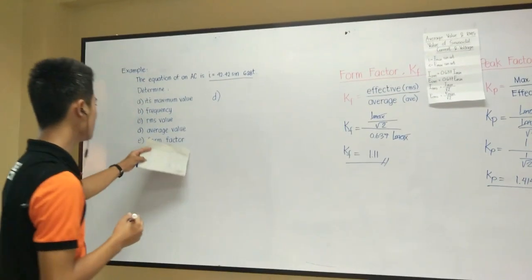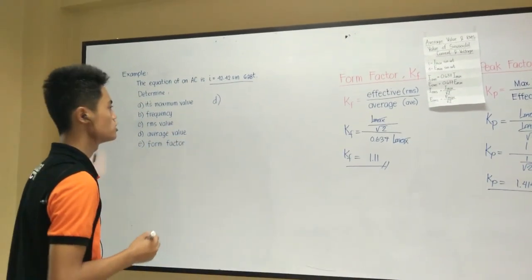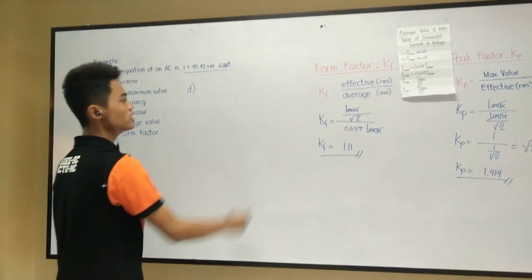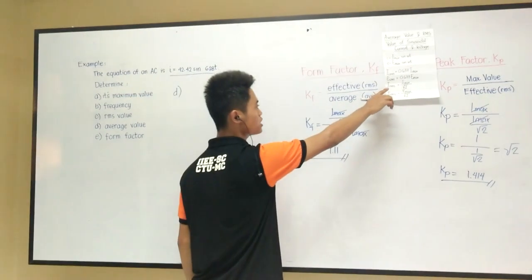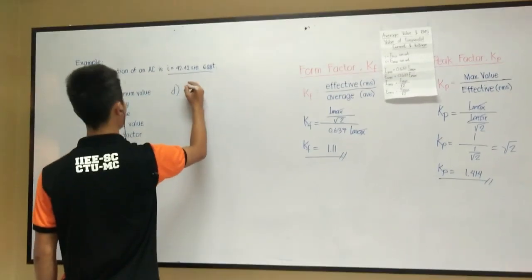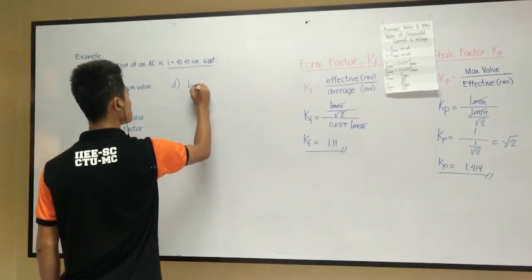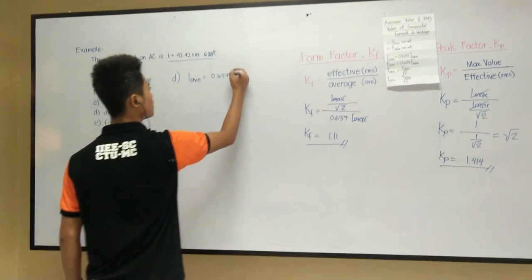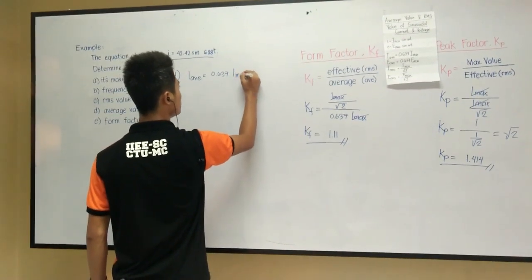Now, letter D is to find the average value. From our previous formulas and equivalence, average value equates to 0.637 the maximum value. Therefore, I average is equal to 0.637 maximum value.